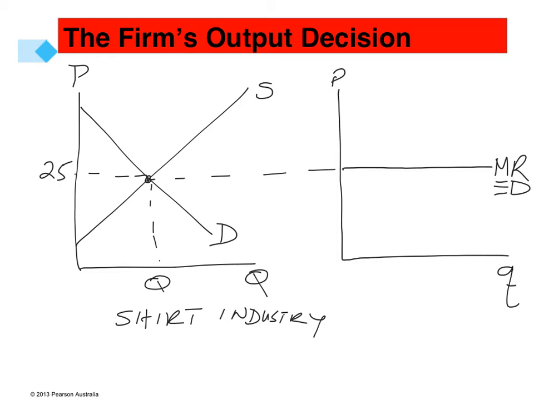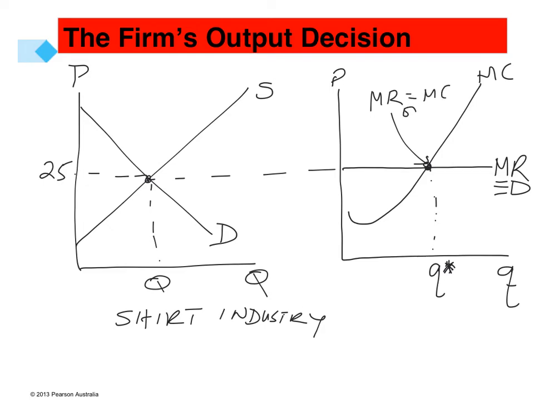Then we superimpose our typical marginal cost curve, and so Sam takes the decision by producing this output. Let's call this output Q star. So at Q star here, the marginal revenue, which is equal to the marginal cost, or the price equal to the marginal cost.